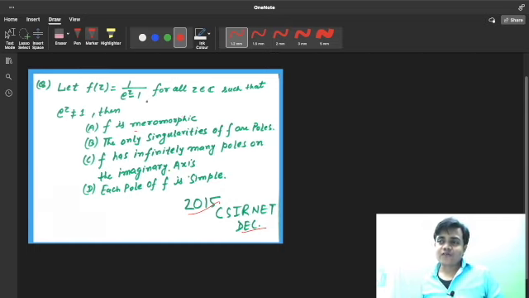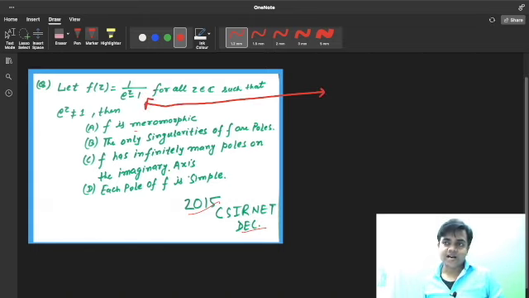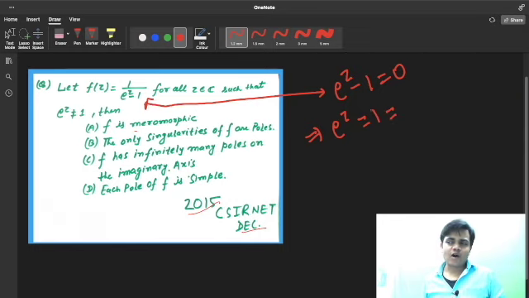So first of all, you need to find all possible singularities. And for that, what shall you do? Certainly e to the power z minus 1 is equal to 0. So from here you write e to the power z is equal to 1. And how can you write this 1 in terms of exponential?